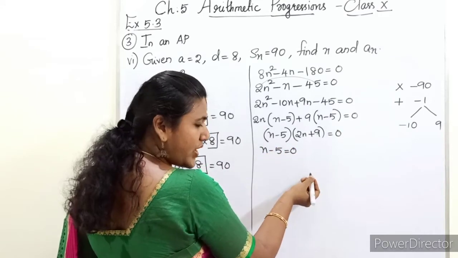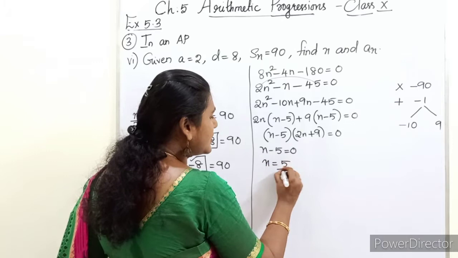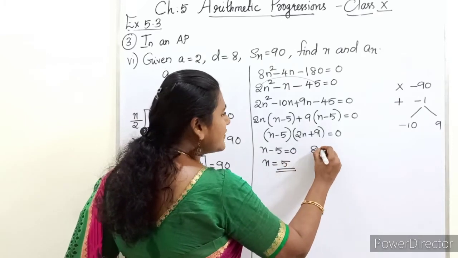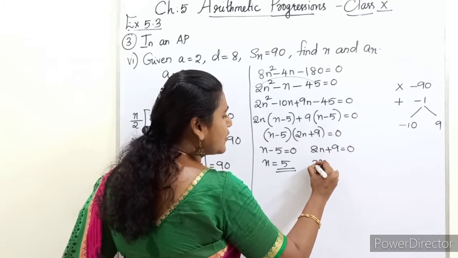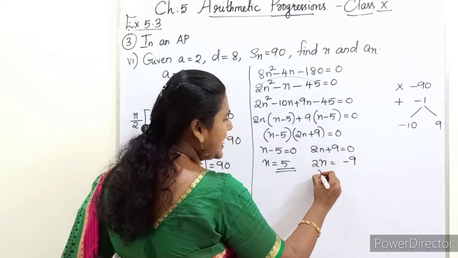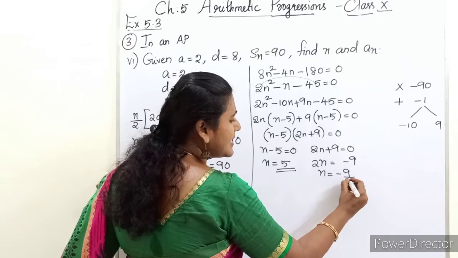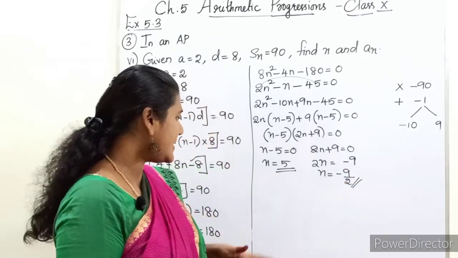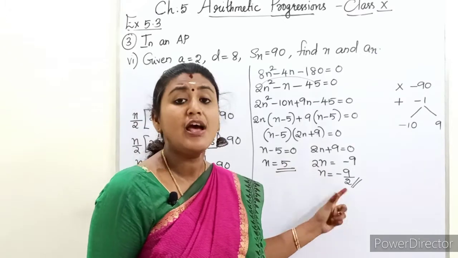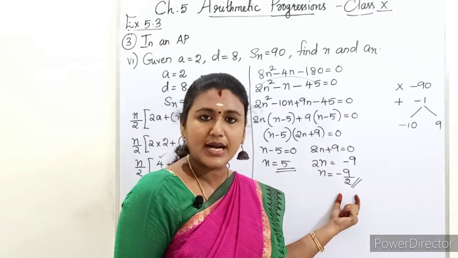So n minus 5 equal to 0, so n is equal to 5. And the next factor, 2n plus 9 is equal to 0, so 2n is equal to minus 9 and n is equal to minus 9 by 2. So here we got two values for n. One is positive and another one is negative. But the negative value we cannot consider.